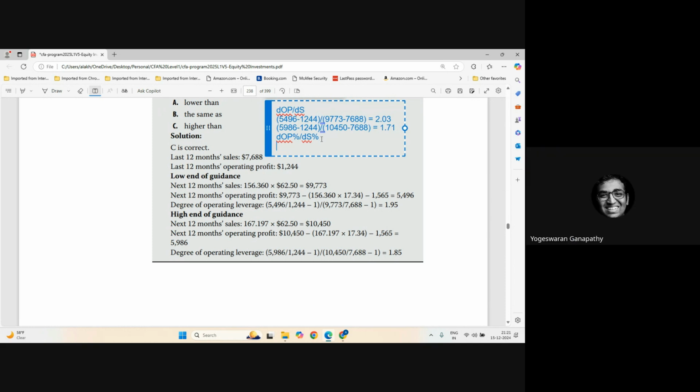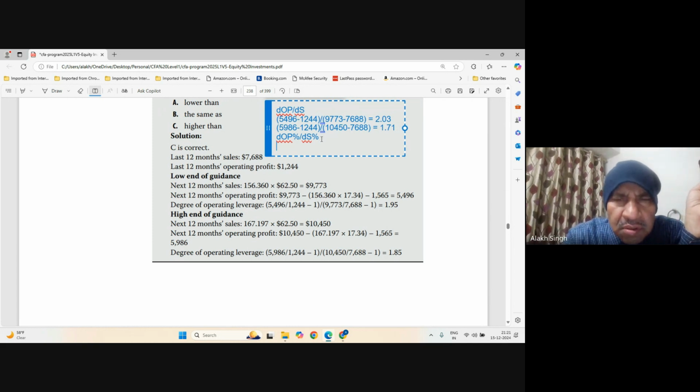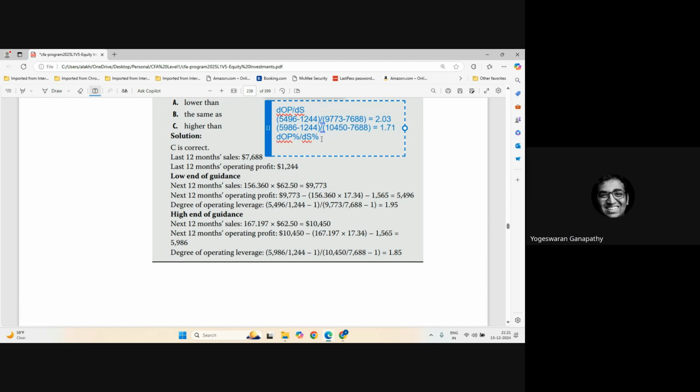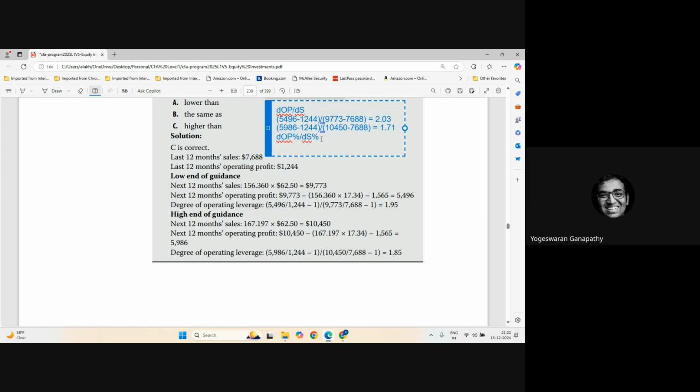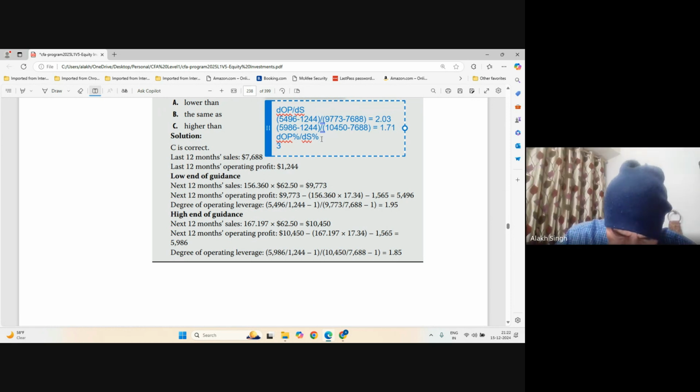So can you repeat what has to be done? Yeah, since this is the numerator, because you are calculating percentage, it is 5496 minus 1244 divided by 1244. Oh, okay. So that will give the percentage. So 3.41. 3.41 means 341%. This divided by, what is the percentage change here?